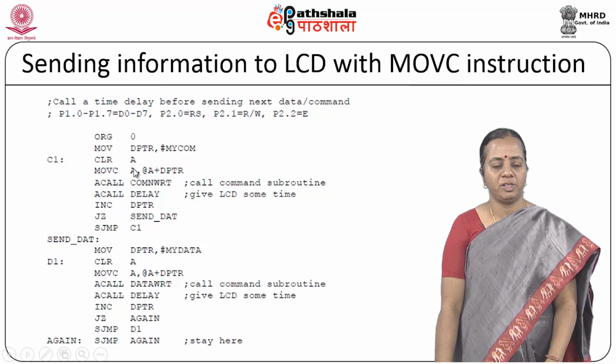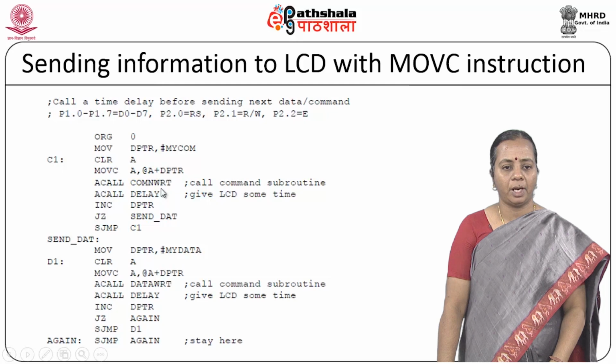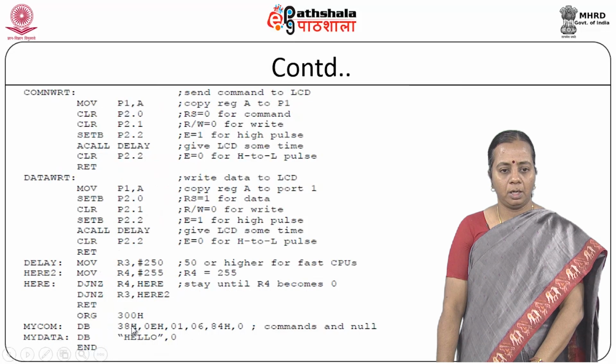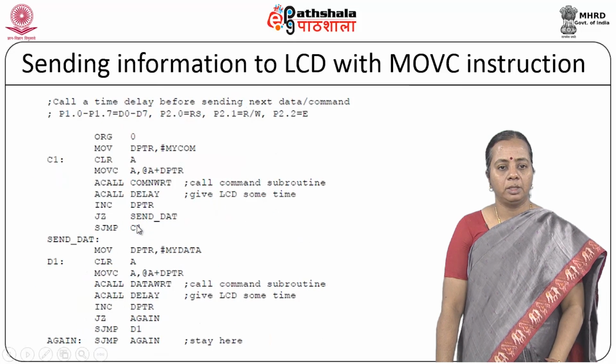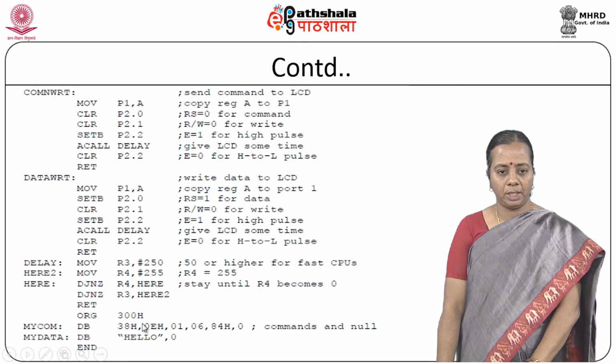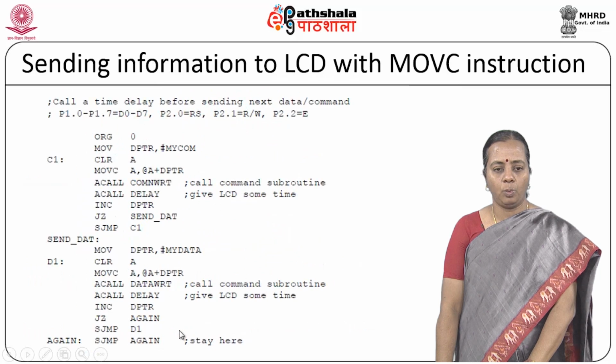Here just see that first I have read the command from dptr, I have called the command write, and again I have called the delay, so that the LCD has received the first command, which is nothing but 38H. Then increment dptr, which in turn goes to the next data, and 01 is for clearing.